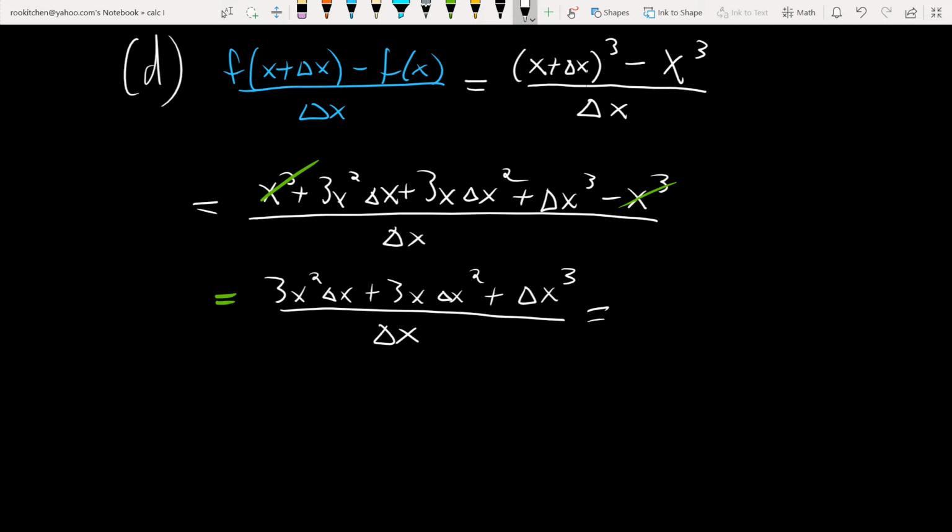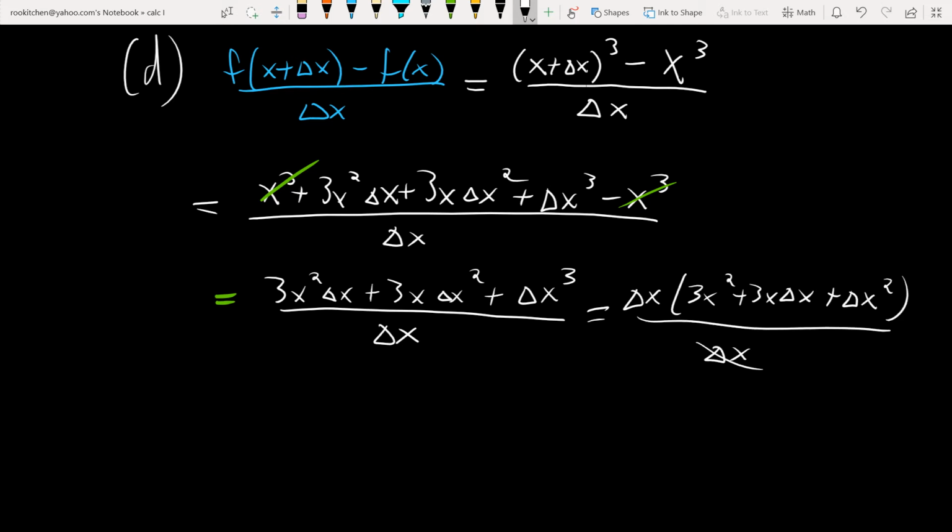So you can factor a change in x out of the numerator, and you get 3x squared plus 3x change in x plus change in x squared all over change in x. Then you can remove those, and you'll end up with 3x squared plus 3x change in x plus change in x squared.